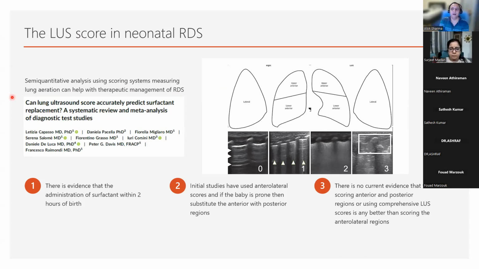I personally feel that in premature babies, even if FiO2 is 30%, but the lung score is high, we usually give surfactant, because otherwise we have seen the babies later on deteriorate. So I think lung ultrasound is a better predictor for giving surfactant.